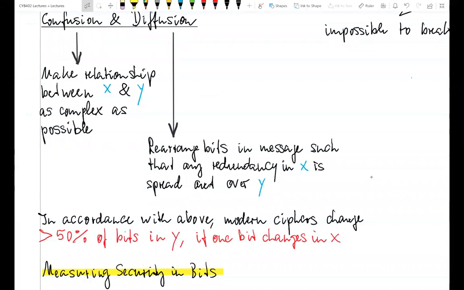So just imagine that you change a single bit in the plain text, which results in a change of at least 50% of the bits all over the message in the ciphertext. And this is interesting, and this is a fundamental rubric to check modern ciphers against. Modern ciphers should comply to this rule, and they do, of course.